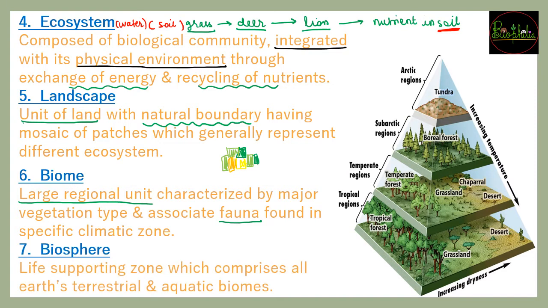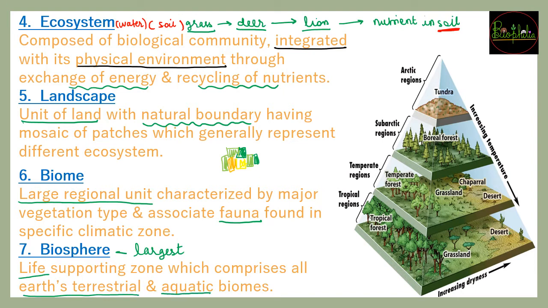So you can now understand about the ecosystem, landscape, biome. उसके बाद एक टॉपिक आता है, that is biosphere. So biosphere is going to be the largest topic that you study in the case of ecosystem. So in this you can see that wherever there is going to be support of life, जीने के लिए you need biosphere, and biosphere is going to comprise of everything that is earth's terrestrial यानी land का area as well as the water area.